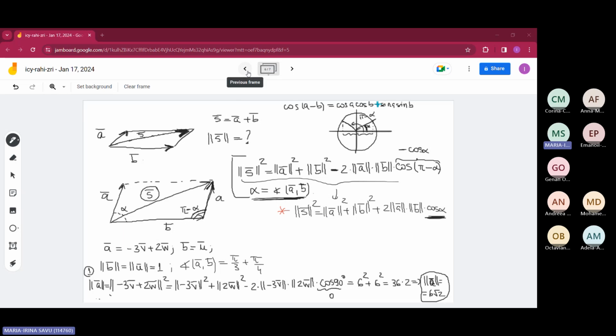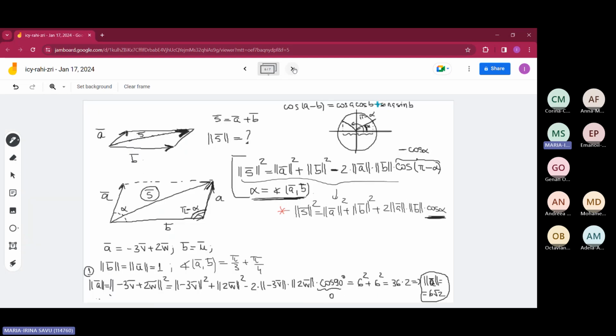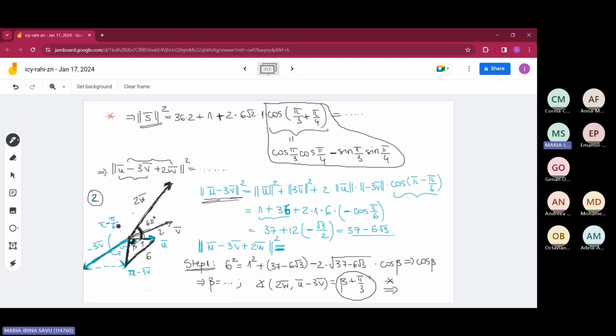But in the end you have to take these two cases, because if you choose the first case, you won't have the complete solution. Okay, you have here two drawings. You have to make both of them and to discuss in each case the angle between the vectors, because you see we have different results because the angles are different.